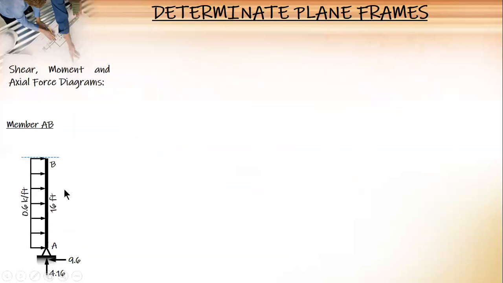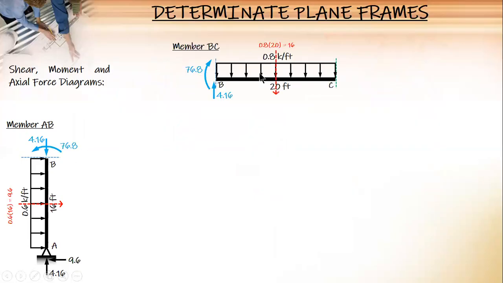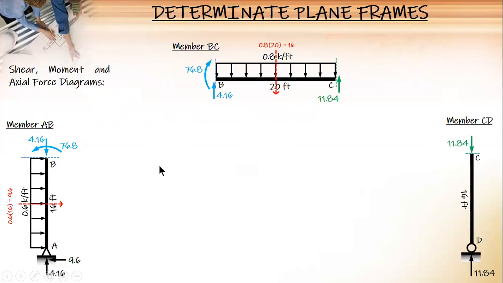So for member AB, we have this, okay, and 16 here, no? And then BC, and then CD. So let's start with AB. So draw the lines and then shear.